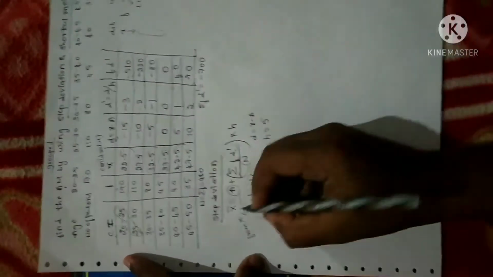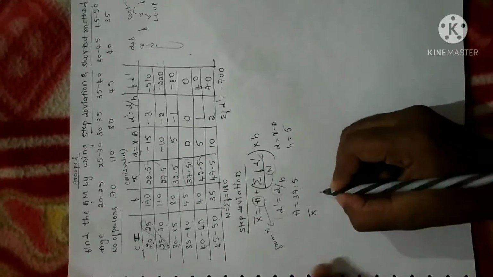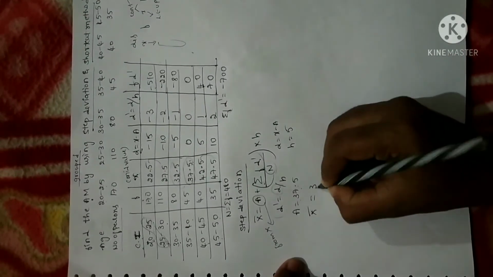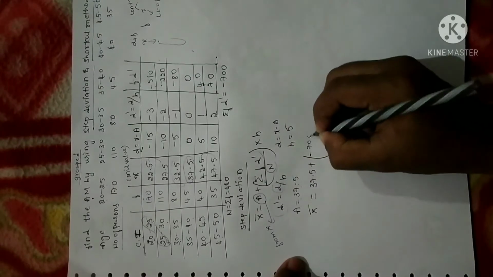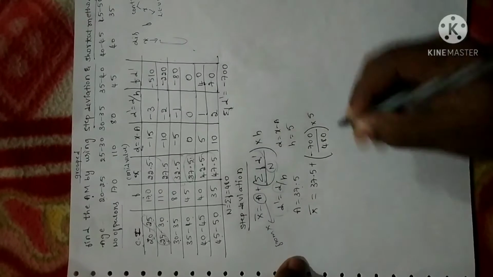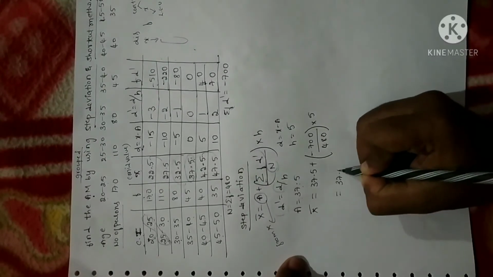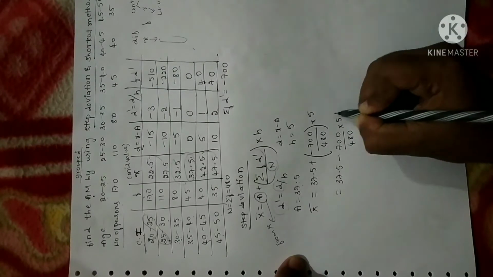Fine. Now let me substitute. X bar is equal to A value, 37.5, plus sigma FD dash, which is minus 700, divided by N, which is 480, into H, which is 5. Now I can rewrite this as 37.5 minus 700 by 480 into 5.